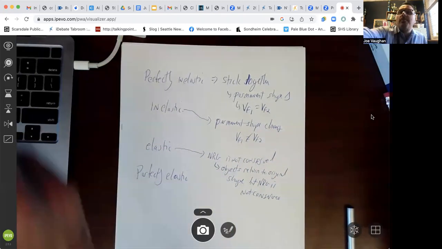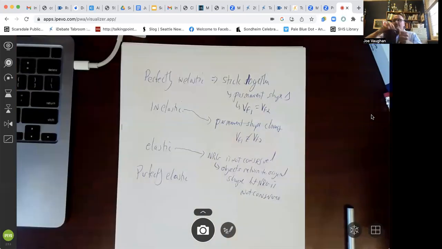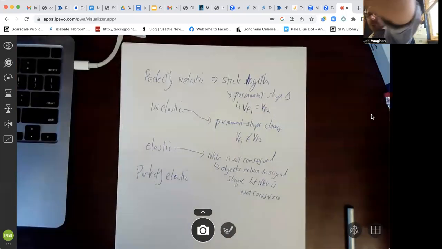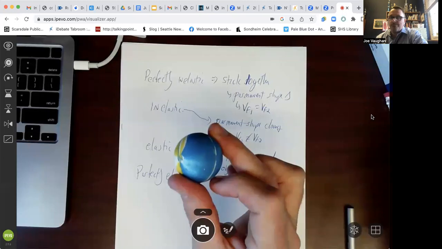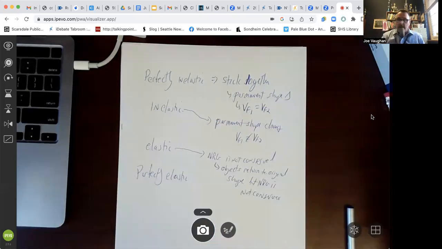If I have a super bounce ball, I think, oh, I have one right here. Awesome, right? Super bounce ball. And if I bounce that on my desk here, you can notice that energy is clearly not conserved in the collision with the desk because that ball is not bouncing back up to its original height. But the shape of the ball is not changing as a result of that. So where is the energy going? Well, listen, it's going to sound.